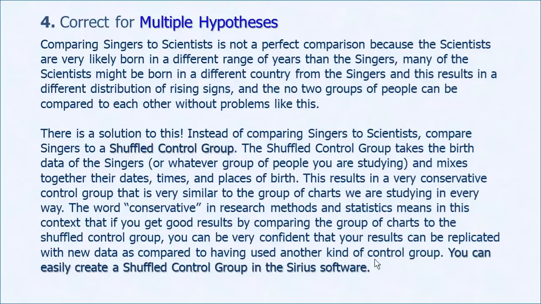So if you get a good probability comparing to a shuffled control group, you have good confidence that you really found something. It's better to be conservative so that you're more sure that you're really finding something. Especially in astrology, where we're trying to validate something that has really never been validated ever for thousands of years.